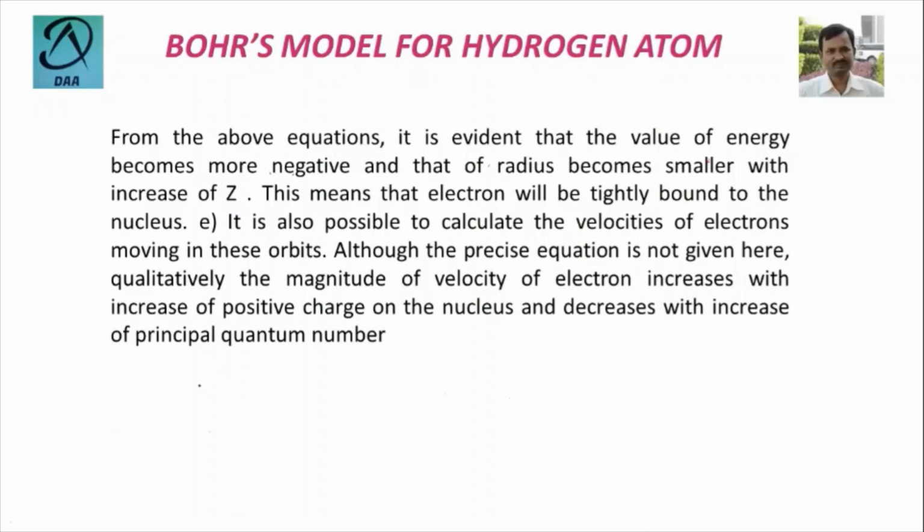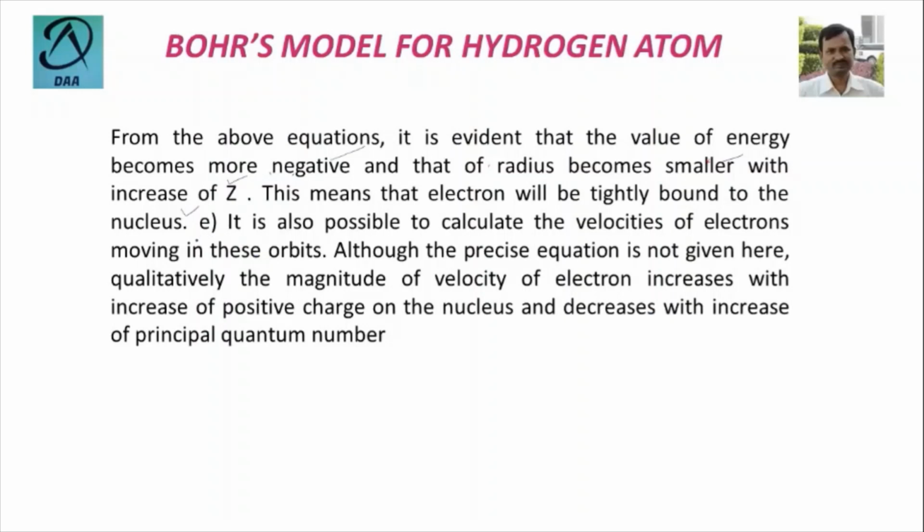Now here you can see from all these equations that the value of energy becomes more negative and that of the radius becomes smaller with increase of the atomic number Z. This means that the electron will be tightly bound to the nucleus.